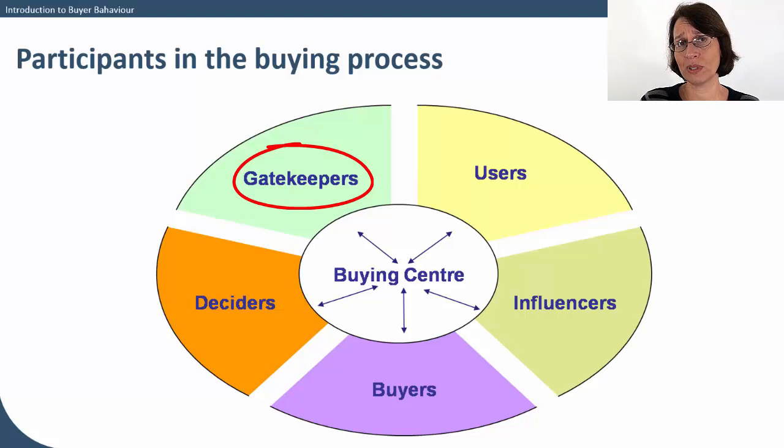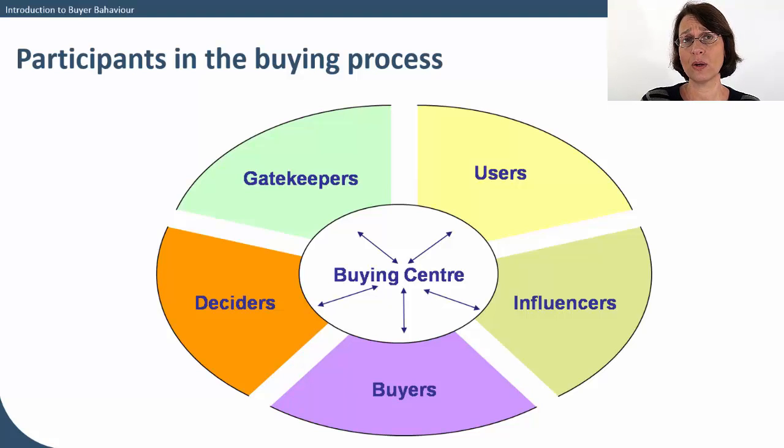Sometimes the gatekeeper's a receptionist, sometimes it's a purchasing officer, sometimes it's a CMO. But you need to know who the gatekeeper is. You need to try and establish a relationship with them in order to get the information to the rest of the buyer group. And in the same way as the consumer process, you have users, influencers, buyers, and deciders.